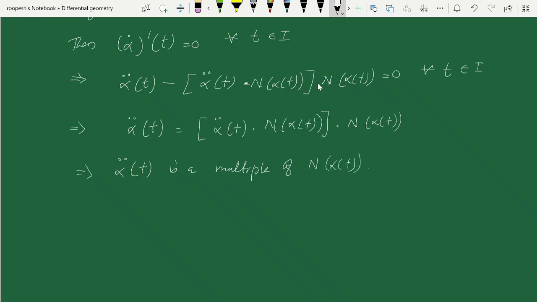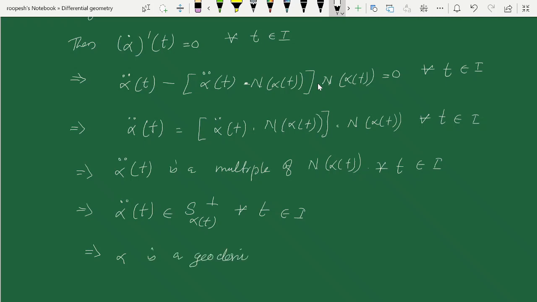So alpha double dot of t belongs to the normal part, that is S of alpha of t perp, for every t belongs to I. What does this mean? This means alpha is a geodesic in S. So we have proved that whenever its covariant acceleration is 0, then alpha is a geodesic.